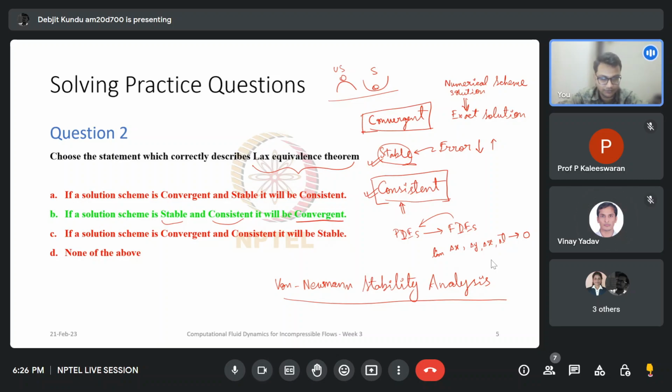We can always make an attempt and then see whether residuals are going down or not, and then decide whether to keep using the scheme or change it. But this theorem can tell you beforehand without even taking the run. Now computational cost is very cheap, right? So it's okay to take a run and then check.